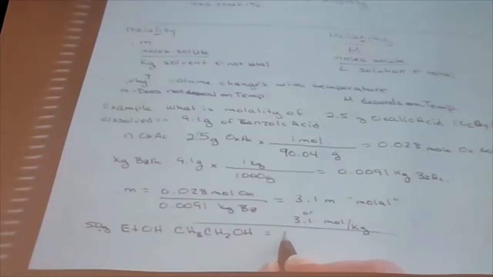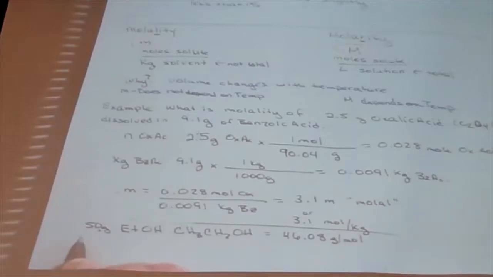And so this has a formula mass of 46.08 grams per mole. And I'm also going to have 50 grams of water. We'll see in a little bit why, but I'm going to call water the solvent and ethanol the solute.